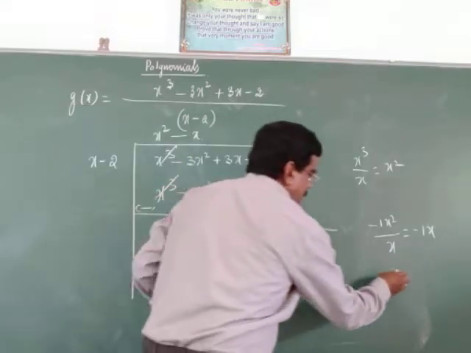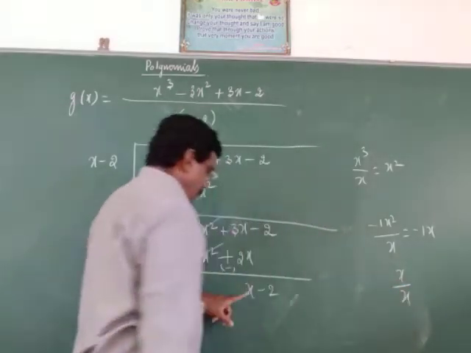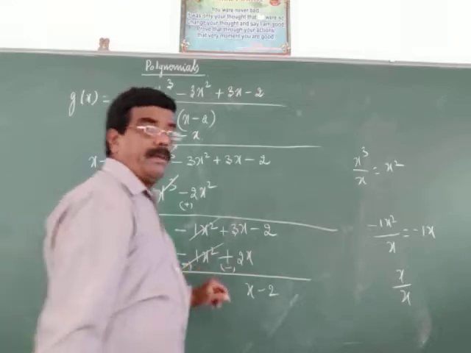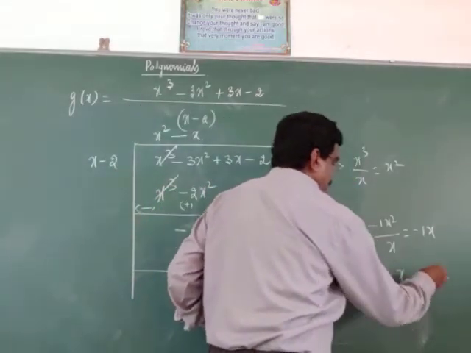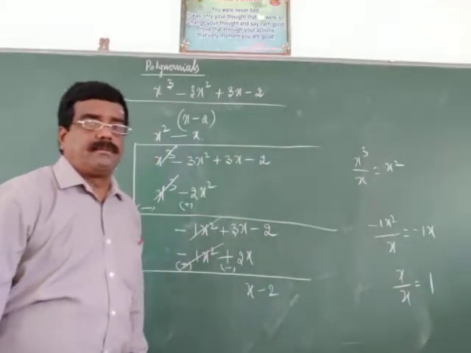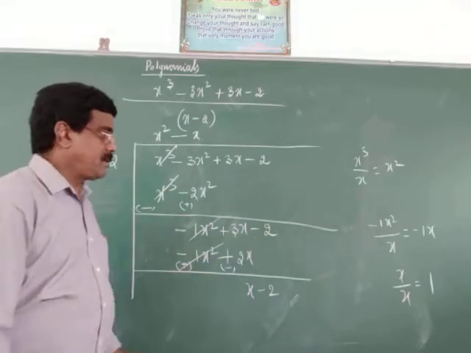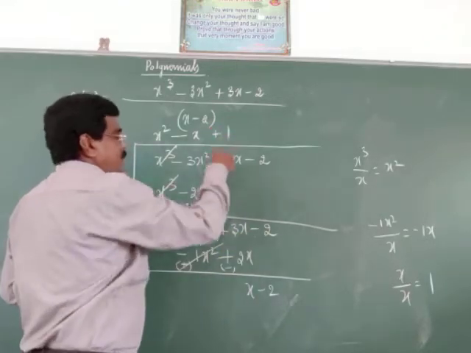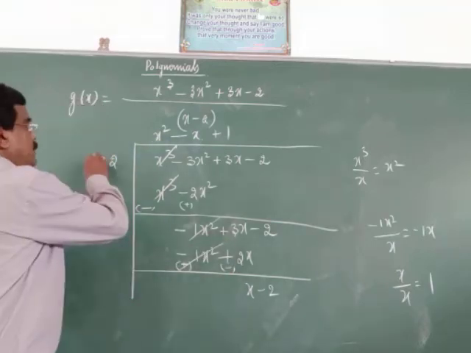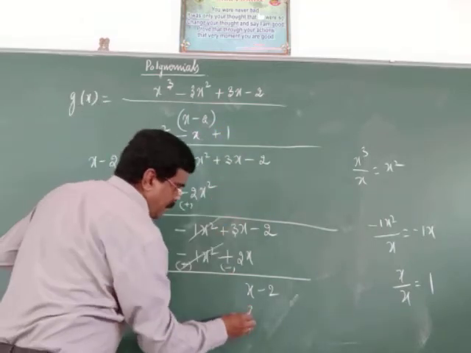Again you can see here x, here also x. So many children will commit a mistake here. Be careful, children. You must know it is 1. Because x ones are x, you can write like that, or x and x and 1. That 1 means plus 1. So x into 1 is x.